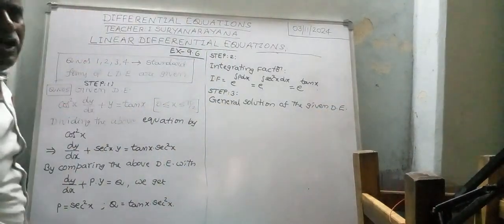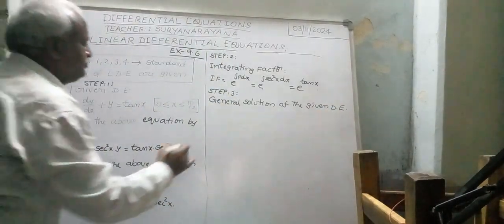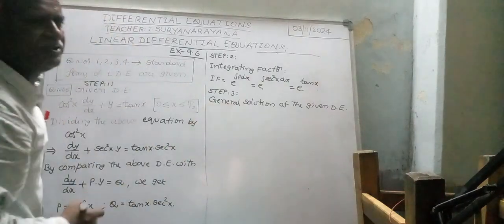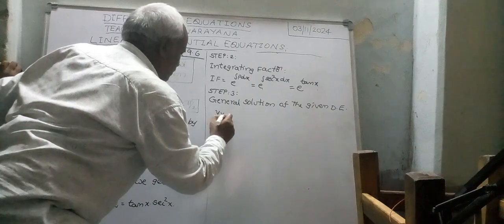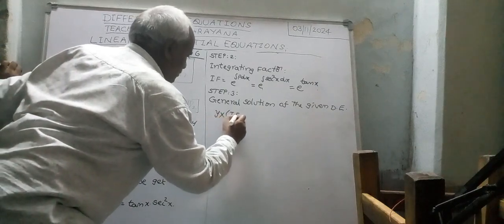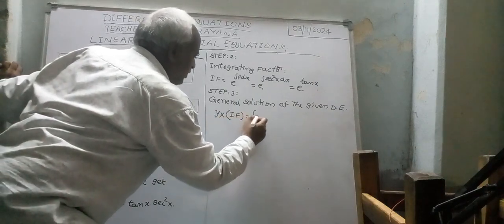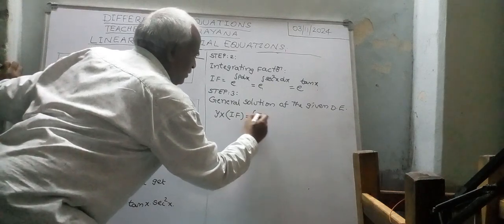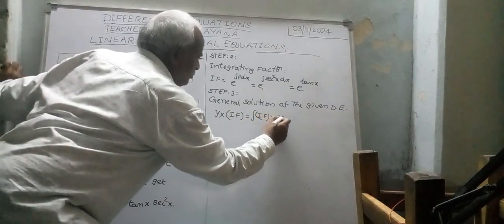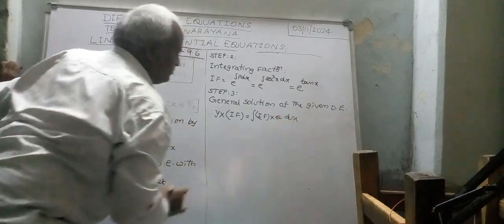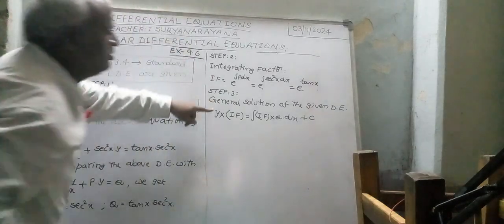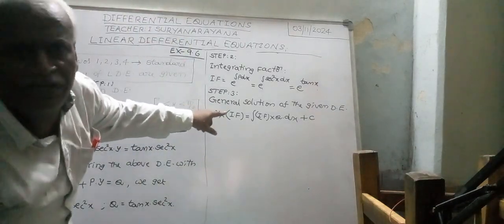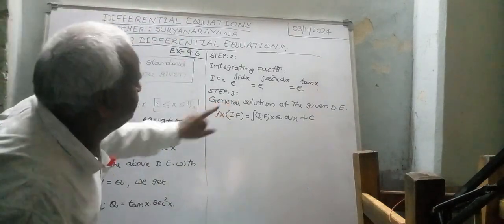What is the general solution of the given differential equation of type 1? y into integrating factor is equal to integral integrating factor into q dx plus c. This is called the general solution of a linear differential equation of type 1.